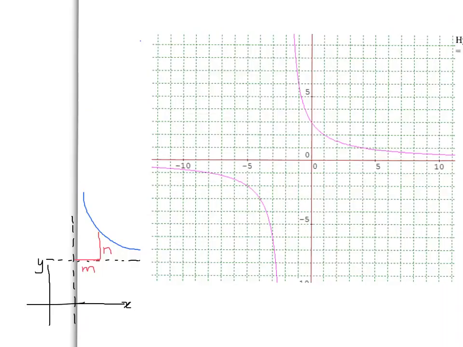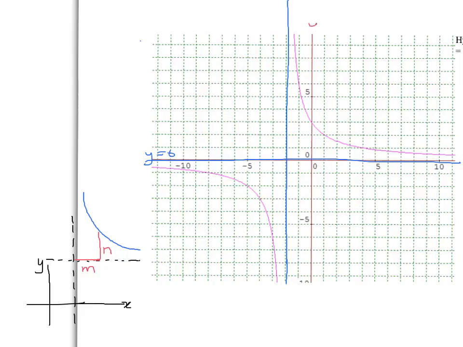Our hyperbola has shifted. We can see that it's symmetrical about another line, so let's draw that line in. Our asymptotes, I think, come along here. They get closer and closer to that line. It's easiest to look at the ends, and this is y equals 0.